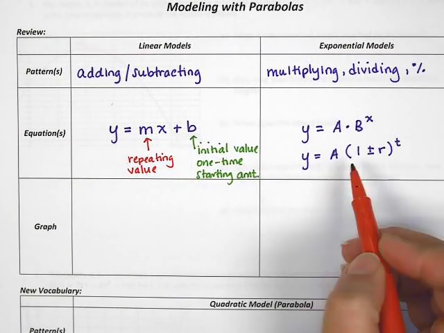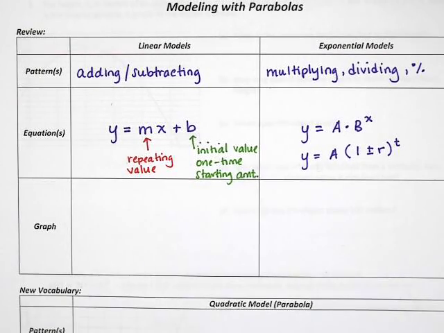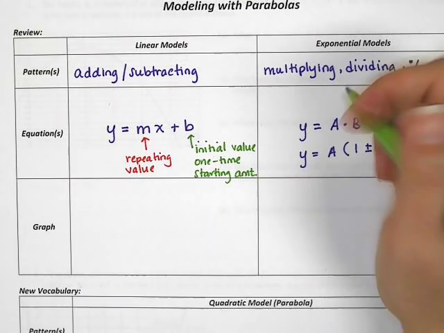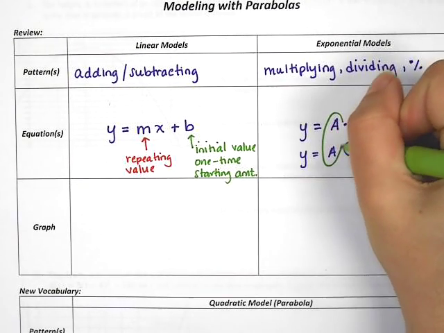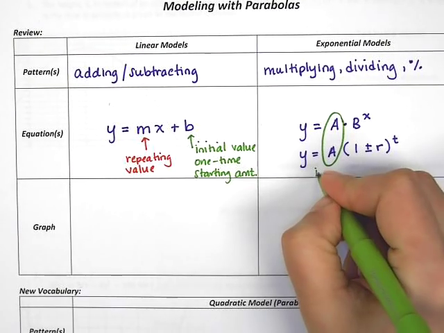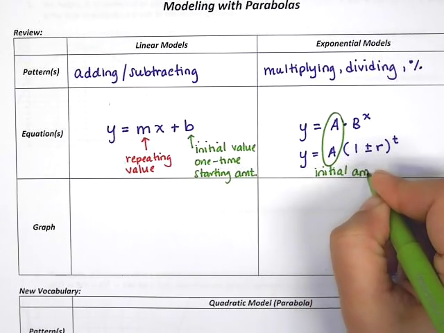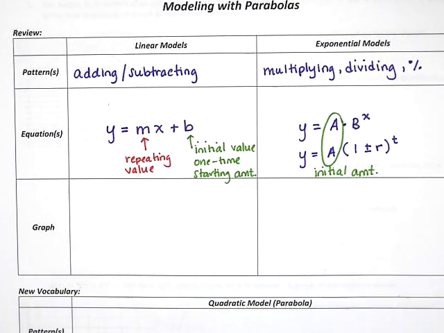And if you have a percent pattern, then you use this one. Now, in the first equation, the a is your initial amount. And it's the same thing in the second equation. The a is always going to stand for your initial amount or your starting amount in that problem.